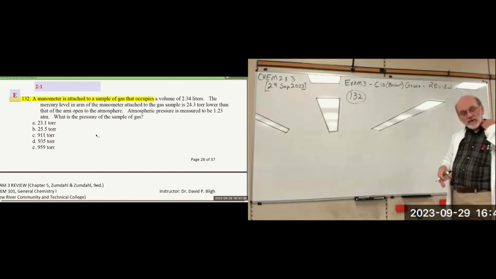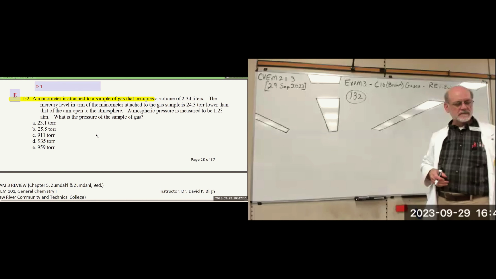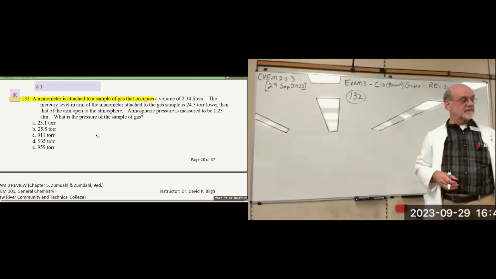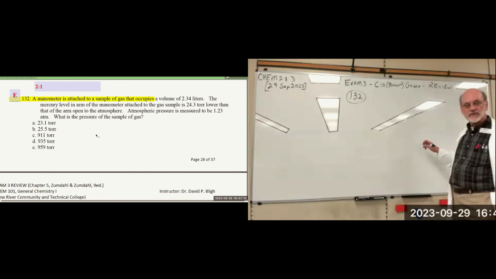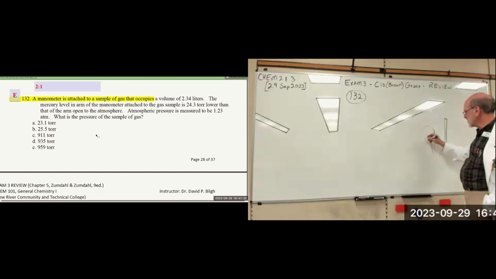Actually, in this example, we're using Robert Boyle's J tube. Right, so this manometer is attached to a gas supply. Got a J tube here, open to the atmosphere, right, and it's connected to a gas supply that has a certain pressure in it.